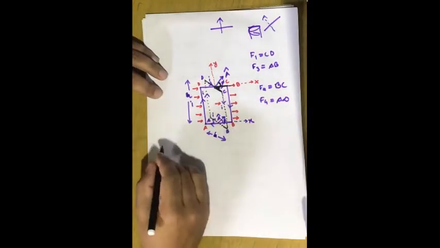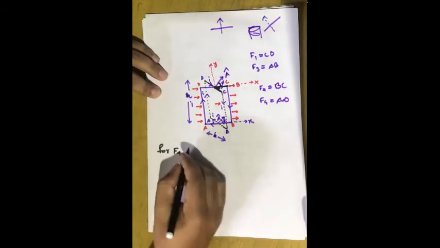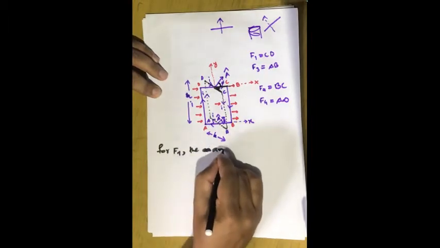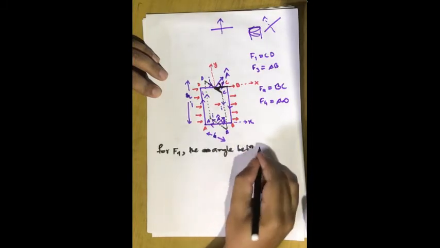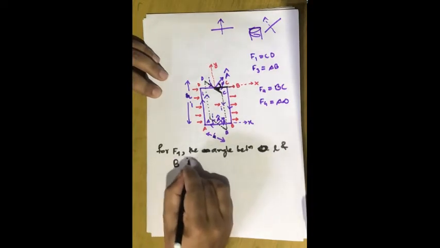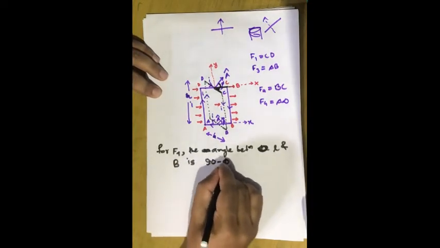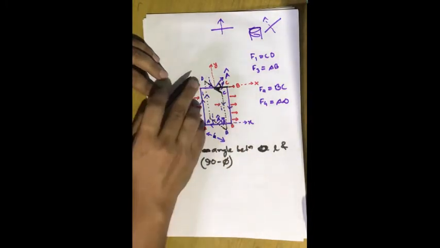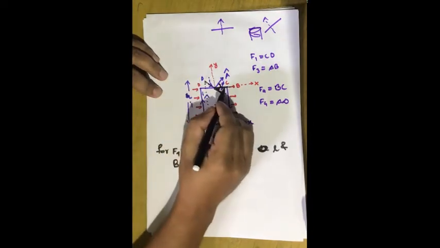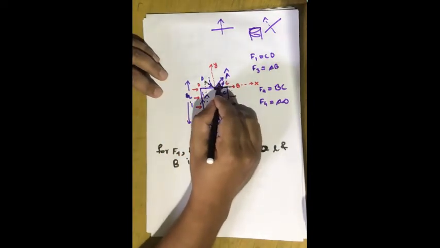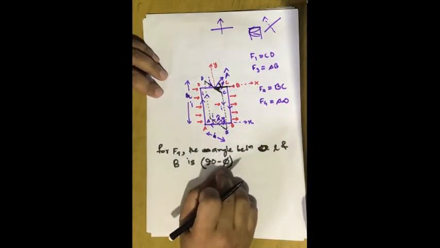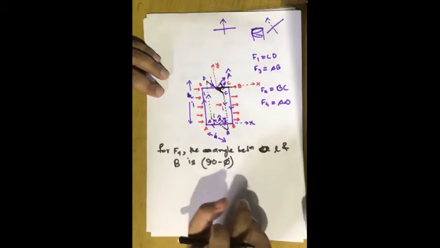So for F1 we know that the angle between length L and magnetic field B is 90 minus phi. I hope it is clear, because on the line CD, the A vector is perpendicular, so this angle is 90 degrees, and the angle between B and A cap is phi, therefore this angle will be equal to 90 minus phi.